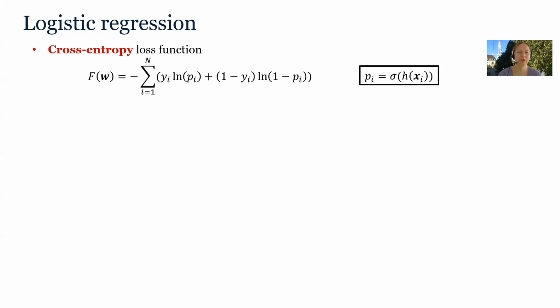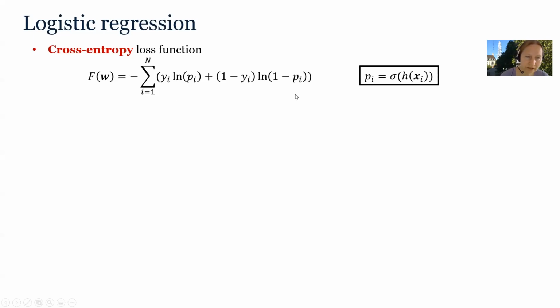A logistic regression model can be fitted using cross-entropy loss. In this loss, we have the labels, and we also have a logarithm of the probabilities p_i, which denote the probabilities for class 1.